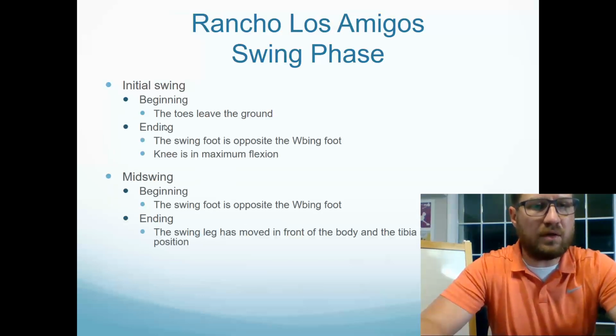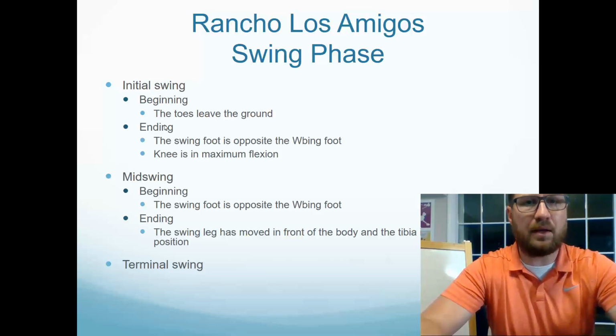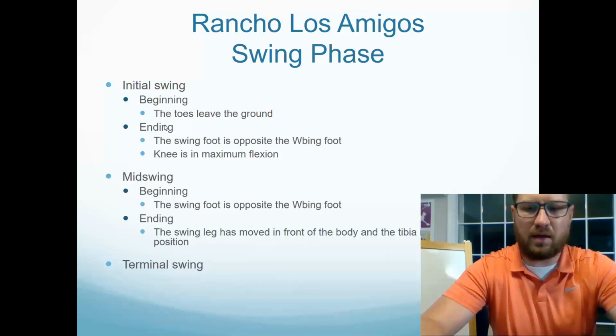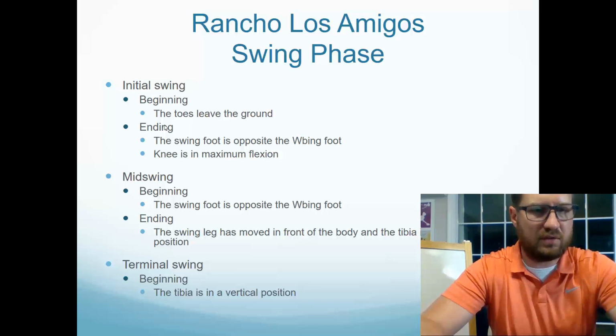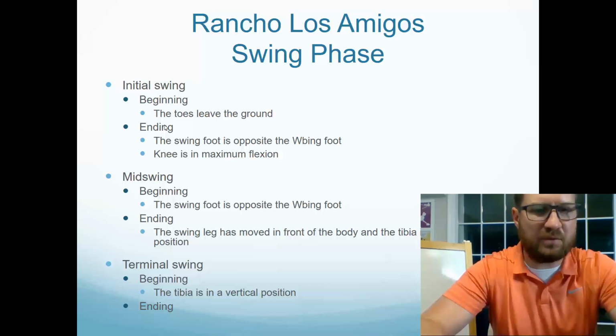With Rancho Los Amigos, again, remember we're looking at periods of time, not just intervals. So initial swing begins when the toes leave the ground. That makes sense. It ends when the swing foot is opposite the weight-bearing foot, in parallel with each other. Mid-swing is when the swing foot is opposite the weight-bearing foot, and it ends when the swing leg has moved in front of the body. So that's a pretty brief little period.